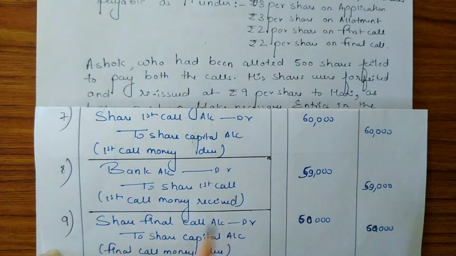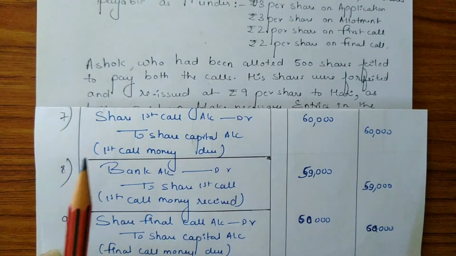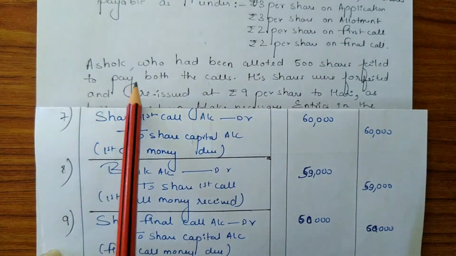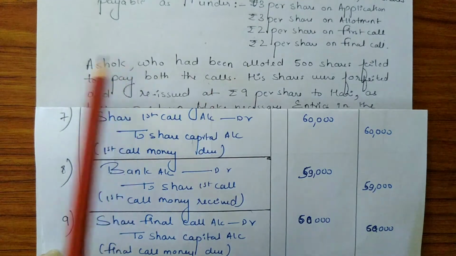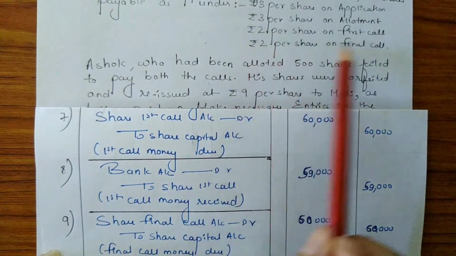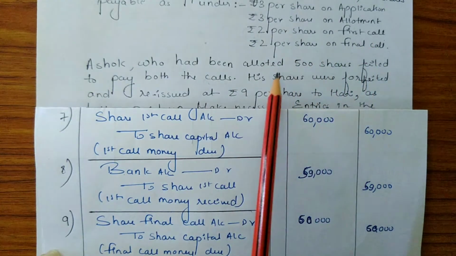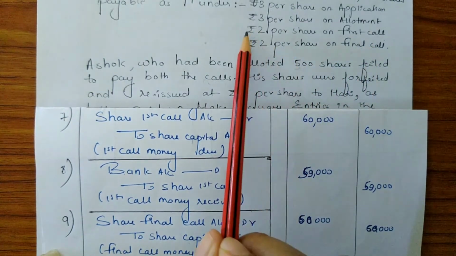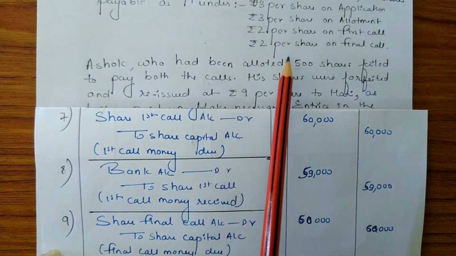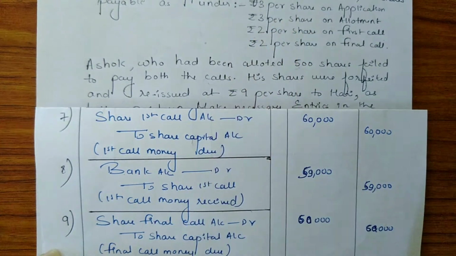Now on receiving the first call money, it should be noted that Ashok, who had been allotted 500 shares, failed to pay both calls. That means Ashok, who has 500 shares allotted, has not paid the first call amount, which means 500 shares into 2, that is 1000. So the first call amount which Ashok has not paid is 1000.